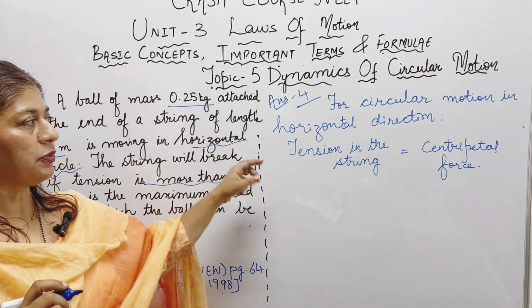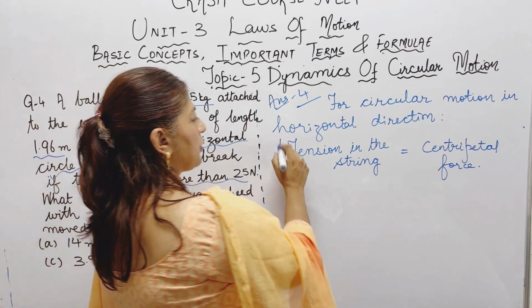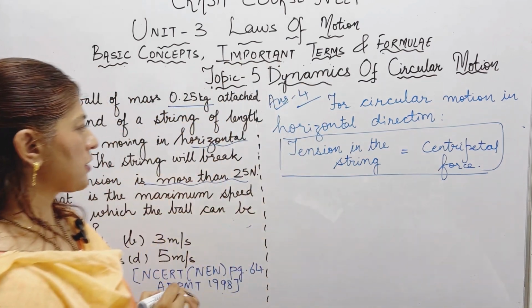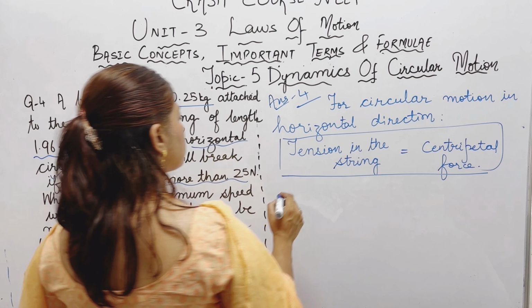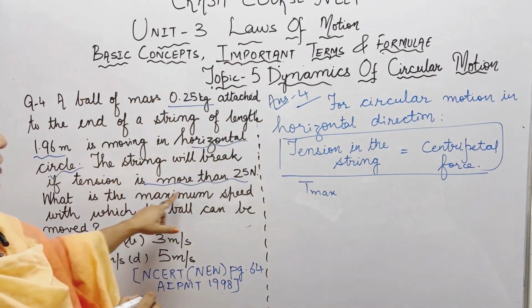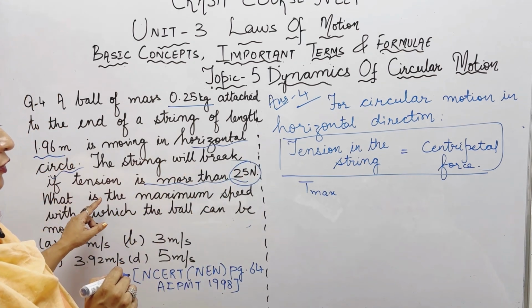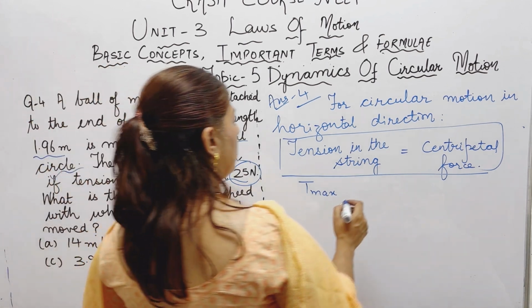Based on this concept, many times the question has come in many ways, but the concept remains the same. So this is what we will follow to solve this question. The tension is maximum, since if it goes beyond this value, the string will break. So it can have a maximum tension of 25 Newton.